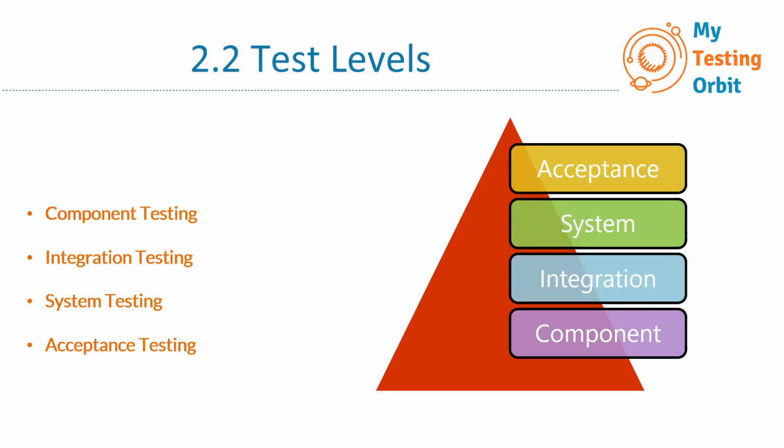Unfortunately, in most projects where stress is not given to component and integration testing, the project is tested for the first time at the system testing level, where the testers basically start doing testing.